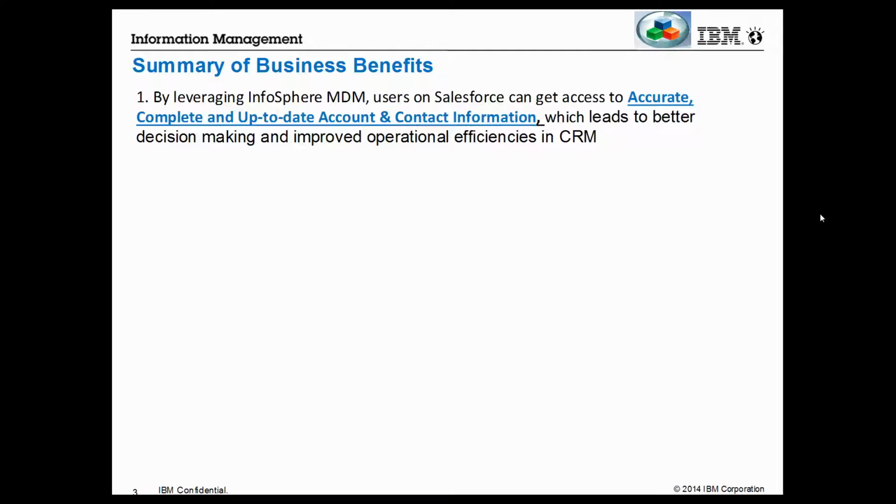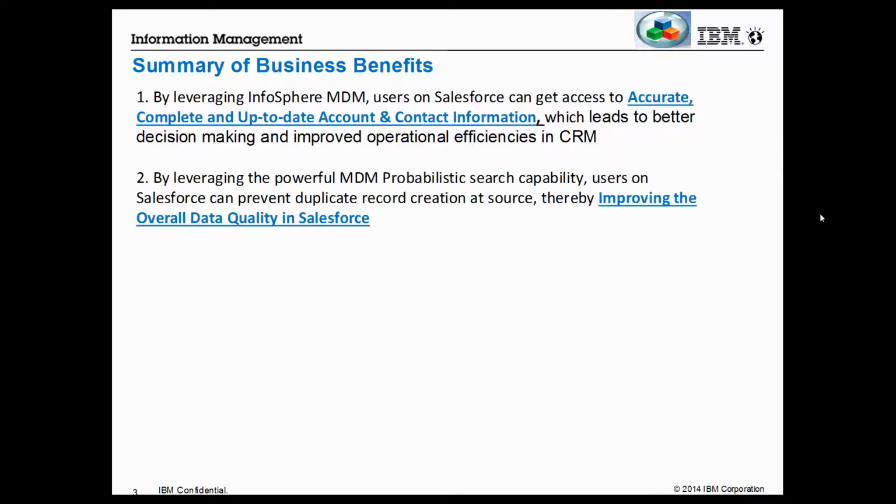To summarize, InfoSphere MDM Salesforce integration brings about several business benefits. First and foremost, by leveraging InfoSphere MDM, users on Salesforce are able to make better decisions because they now have access to the most accurate, complete, and up-to-date account information. This also leads to improved operational efficiencies where sales and marketing can take decisions quickly and in a way that leads to better results.